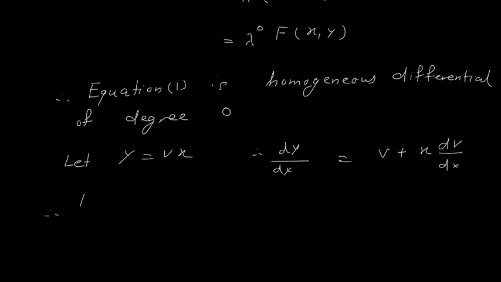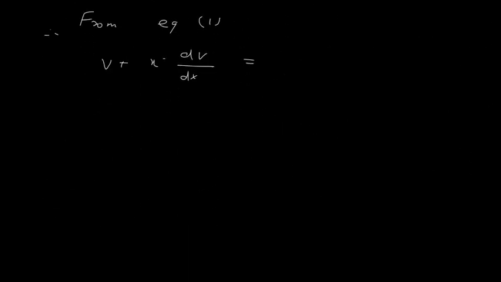Therefore from equation 1 I have v plus x into dv upon dx is equal to, now numerator is x plus y, denominator is x minus y.